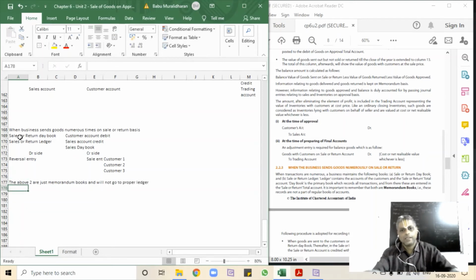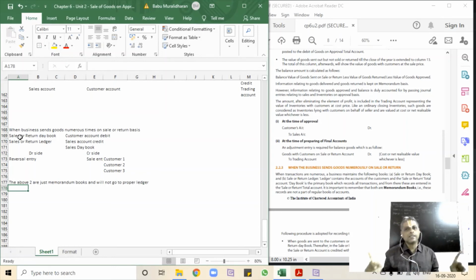At the end of the month, the sales daybook and the sale or return ledger both will be summarized and then transferred to the respective ledger accounts by debiting customer and crediting sales, and debiting sales and crediting customer in case of return. And again, the total that is available as unsold will be transferred to the inventory account by debiting the inventory on sale or return goods, crediting trading account.